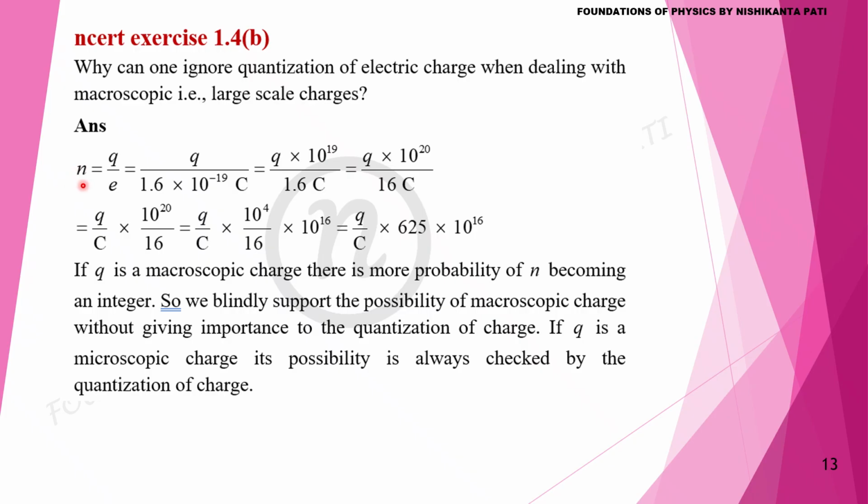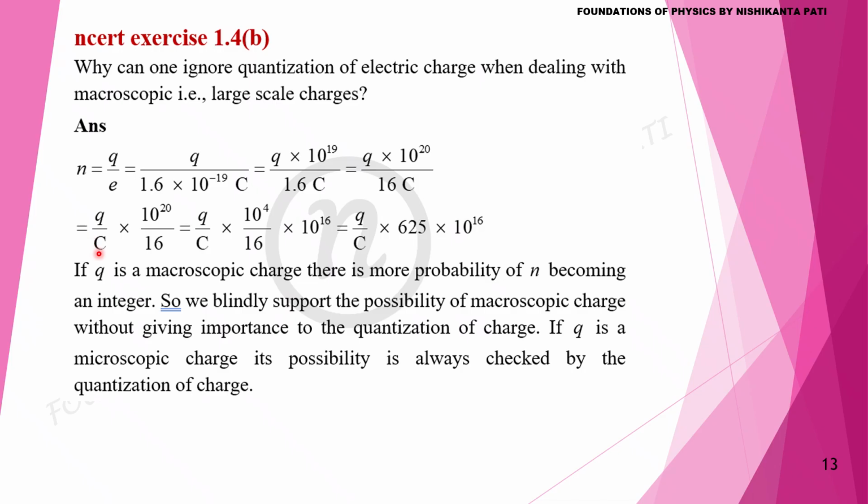Quantization of charge says Q should be n e. So n is Q by e. Let us assume e is equal to 1.6 × 10^-19 coulomb. This 10^-19 is coming to the numerator. Multiply 10, divide 10, it is coming Q × 10^20 by 16 coulomb.